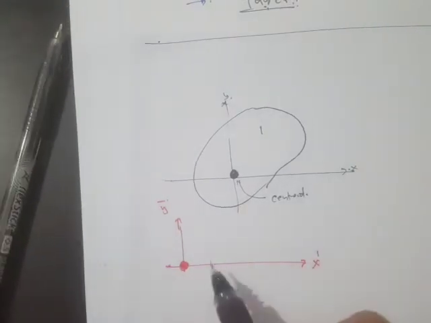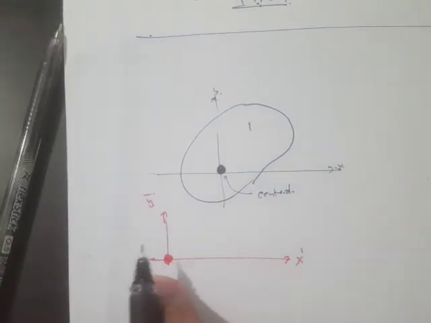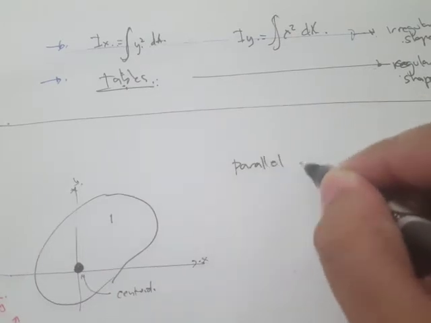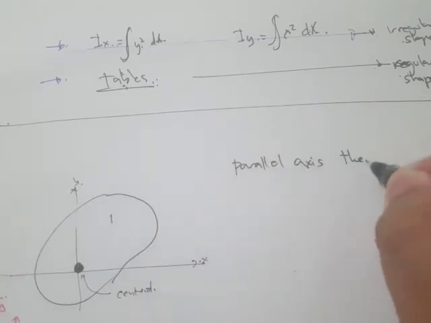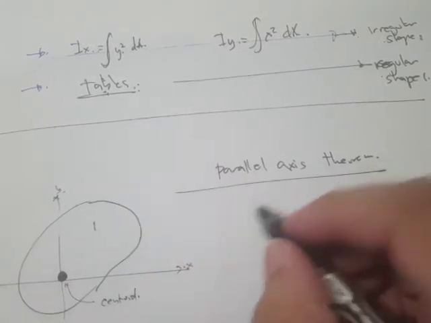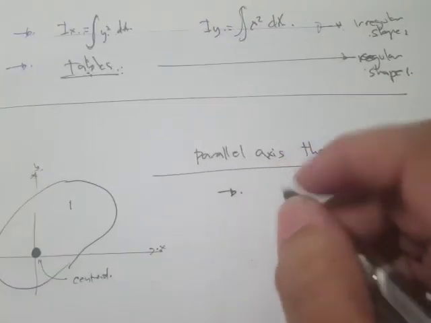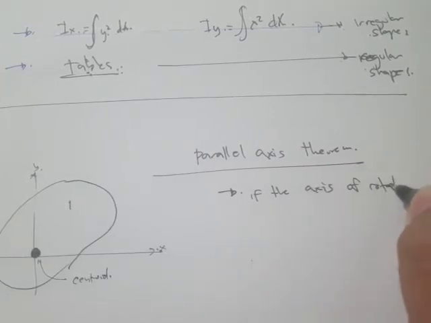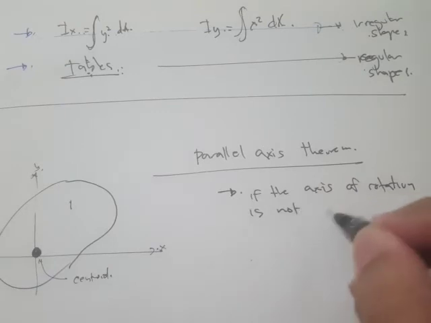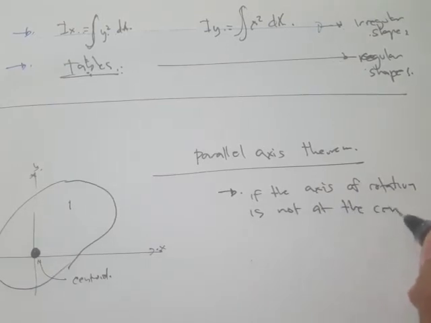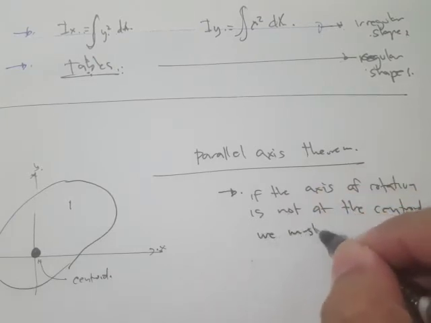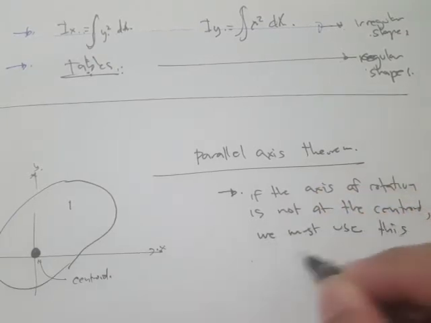If we have a different location of the axis of rotation, then we are going to use the parallel axis theorem. What that explains is that if the axis of rotation is not at the centroid, we must use this theorem.